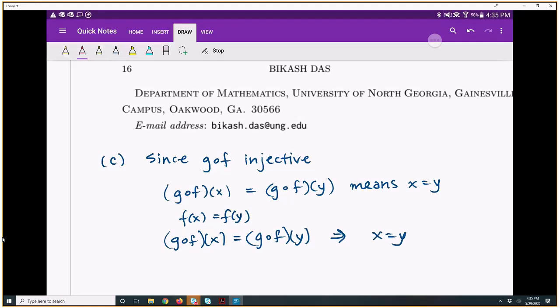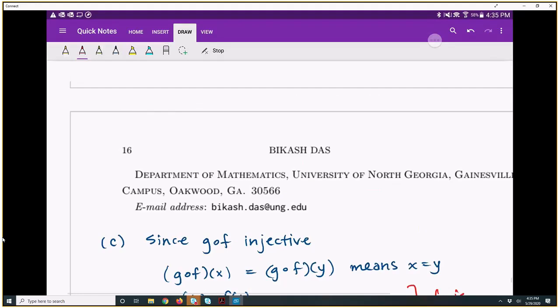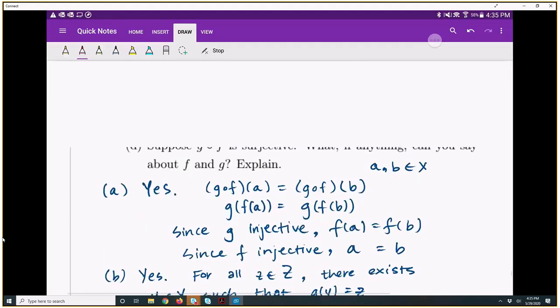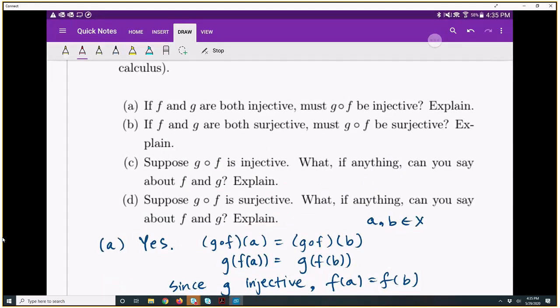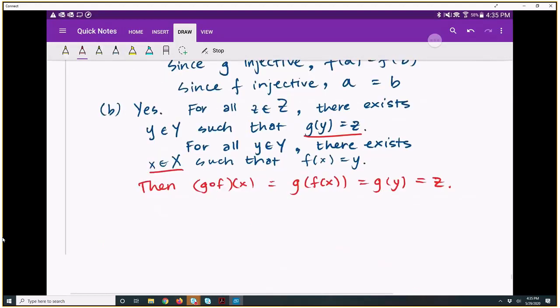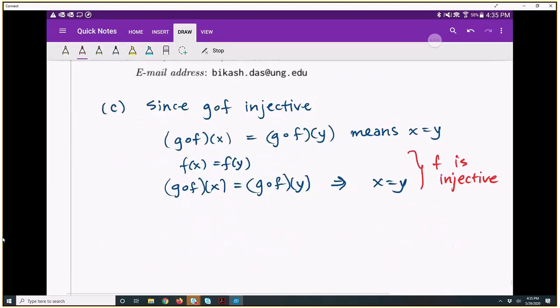That means that f will be an injective function. So I can at least say that much. It asks us, what, if anything, can you say? Well, the best I can do is I can say definitely f is injective. Not sure about g or about the surjectivity, but definitely f is injective.